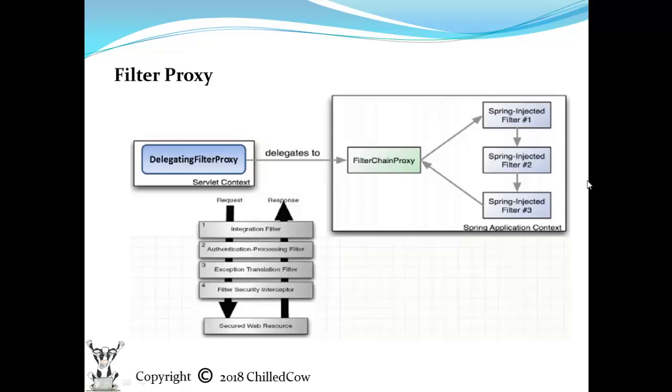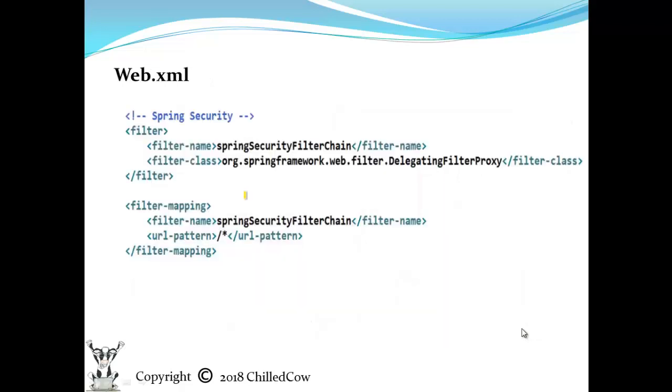That means if we have 10 different filters, I would require 10 different mappings here. Here I just have one, but if I had 10 filters, I would have to provide a mapping for each filter with the delegating filter proxy.